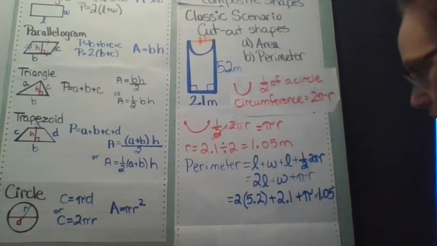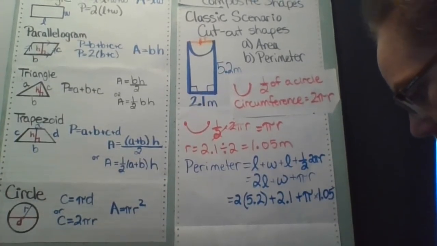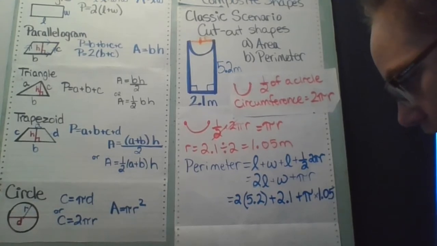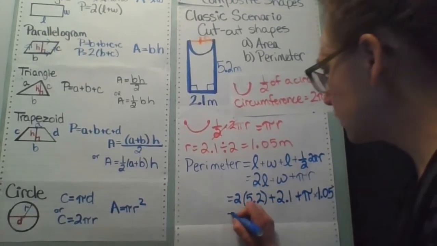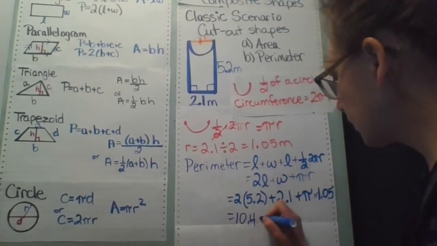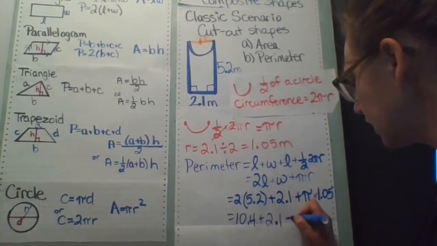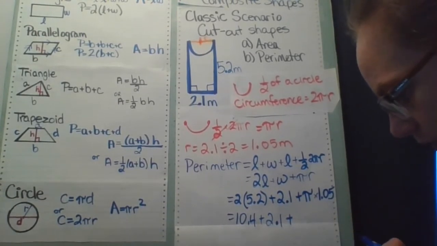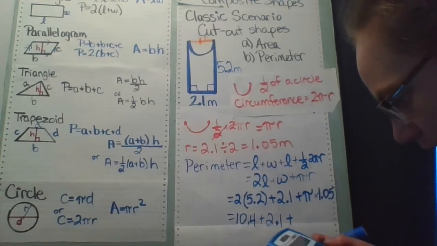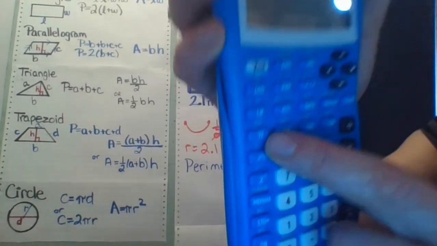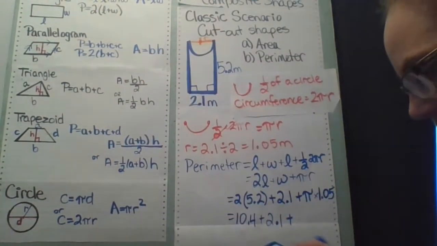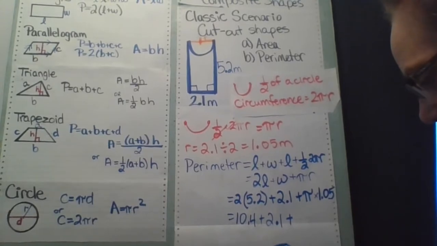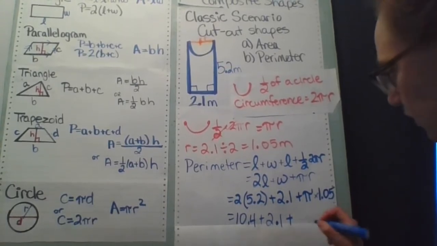All right, order of operations says 2 times 5.2 equals 10.4. 10.4 plus 2.1 plus pi. So you should either have a pi button, or I just use 3.14 times 1.05.